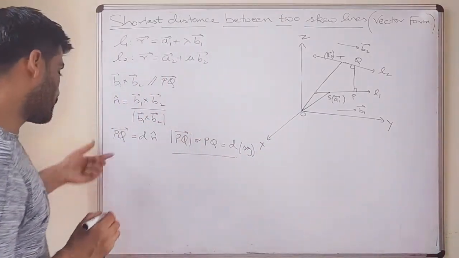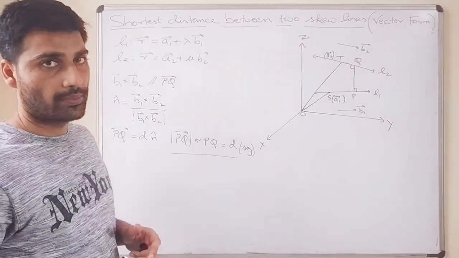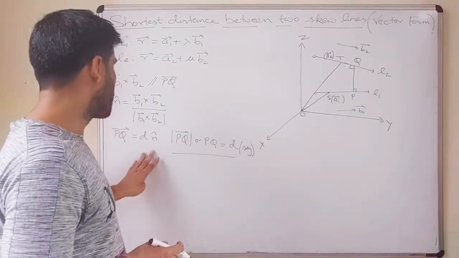So I have assumed that vector PQ is equal to d n cap. So this is vector PQ.